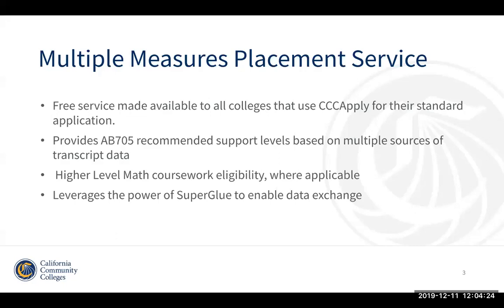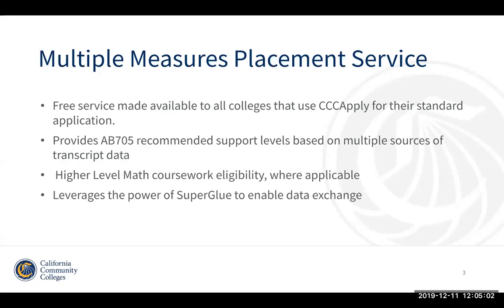The output from MMPS is data delivered to the colleges that includes the AB 705 recommended level of support for English, for statistics and liberal arts mathematics, and for STEM mathematics, as well as higher level math eligibility for students where we have accurate data and where students are eligible. All of that information is delivered directly to the colleges.